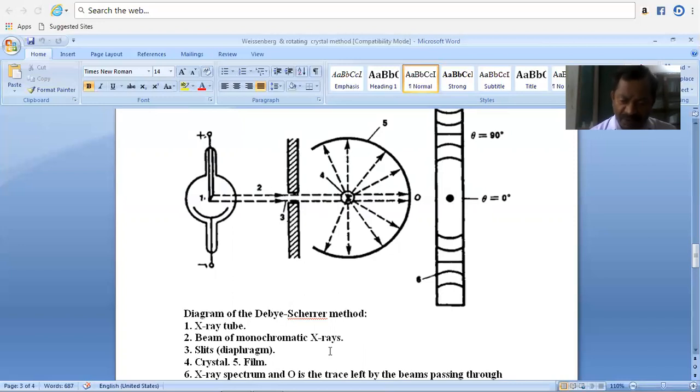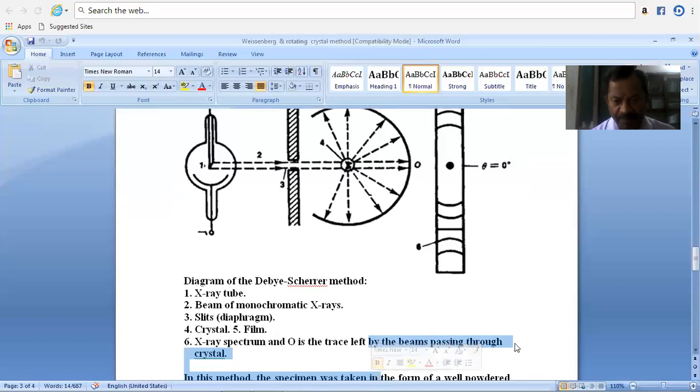Earlier we mentioned that in single crystals we see the diffraction pattern as spots. Next, number 6. Where is 6? This one, X-ray spectrum and O. This is the O, the trace left by the beams passing through the crystal.